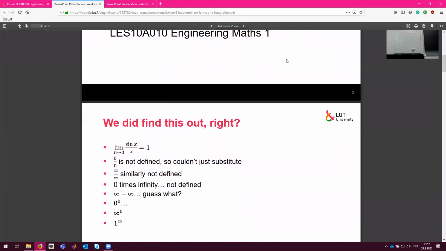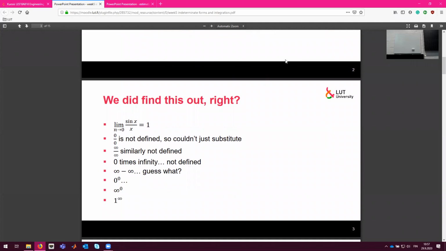Okay, so we had an example of this. What's the limit of sine x over x? That was 1, even when it goes to 0 over 0.